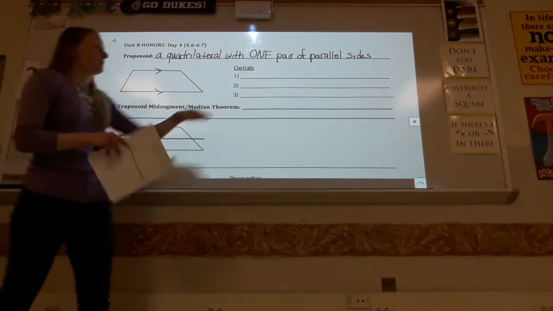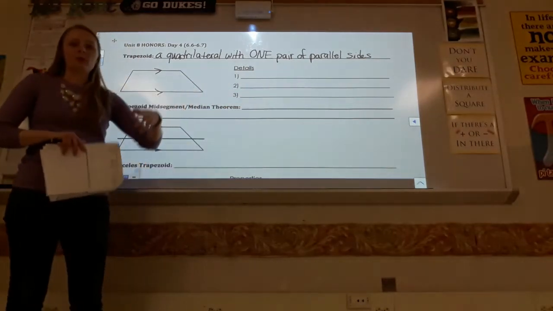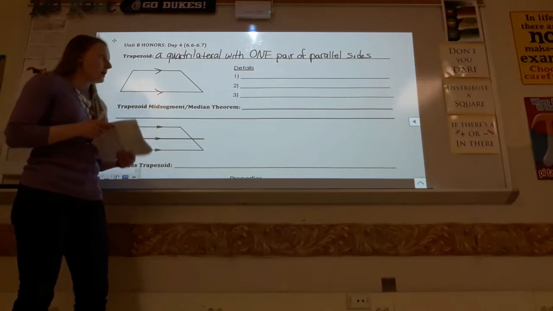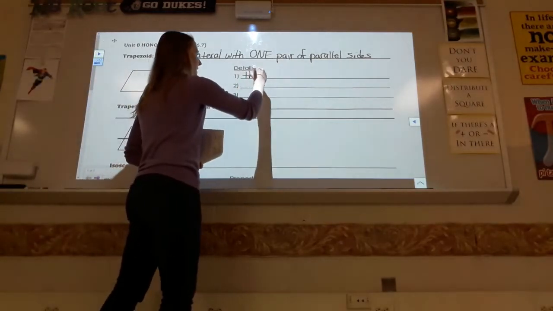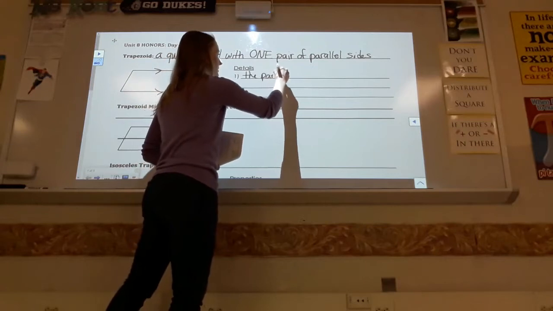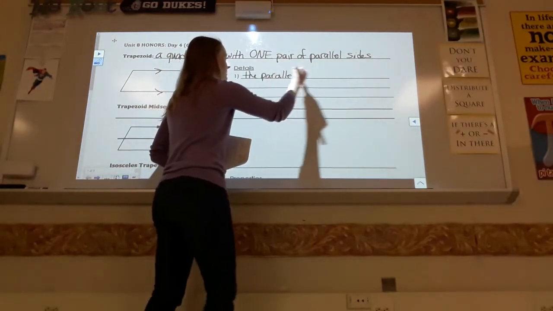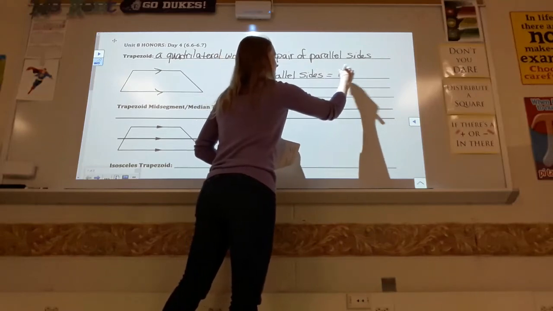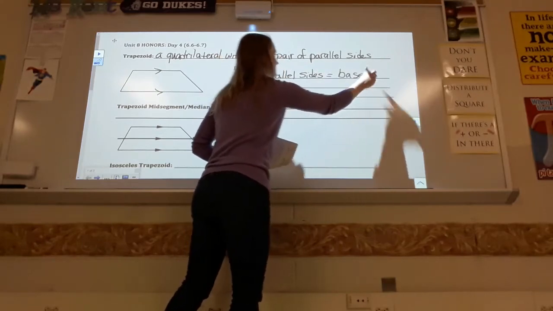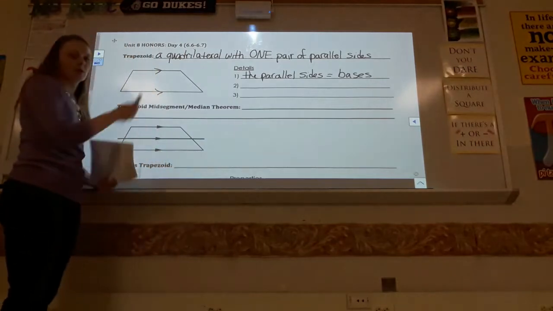Now, we have a couple of details that involve vocabulary I want to make sure you guys are aware of for the trapezoid. So with this here, the parallel sides are called bases. So we have a special vocabulary word for these sides that are parallel.